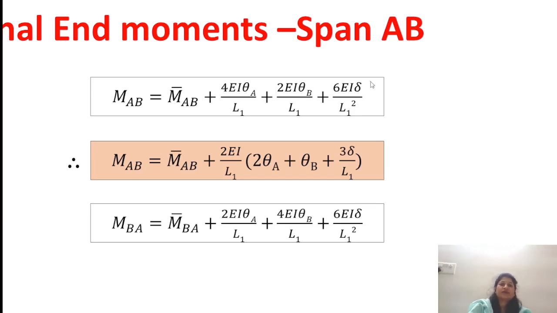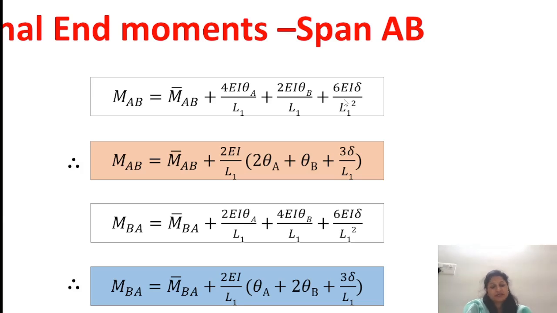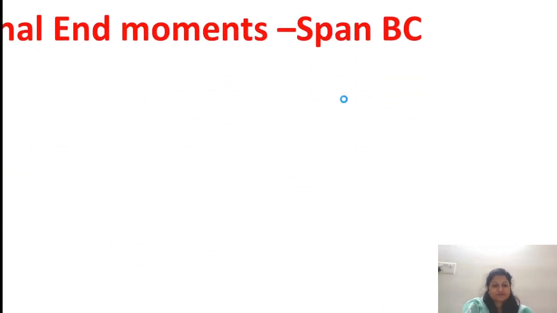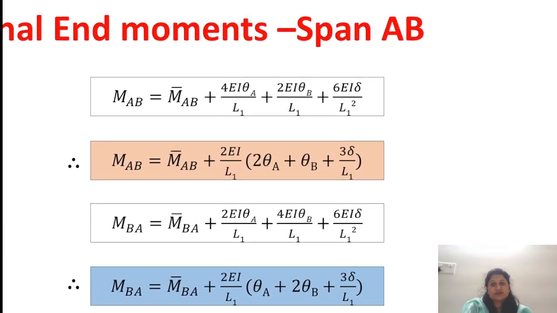Now this term 6 EI delta is nothing but the settlement of the B joint, and the moment produced due to that settlement. Now, if you take 2 EI upon L1 as common, MAB is the fixed moment M bar AB plus 2 EI upon L1 times, in bracket, 2 theta A plus theta B plus 3 delta upon L1. Here we have taken a positive sign because in problems we don't know which support is going to settle.